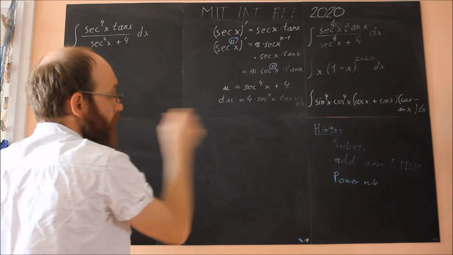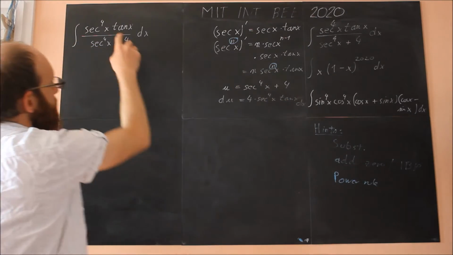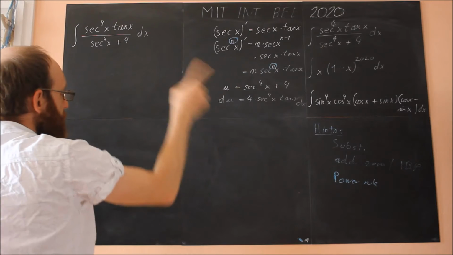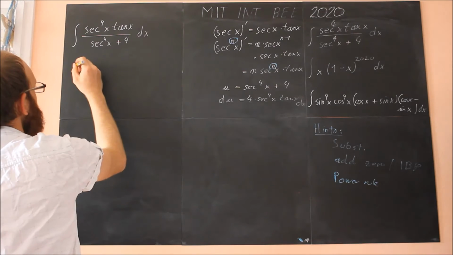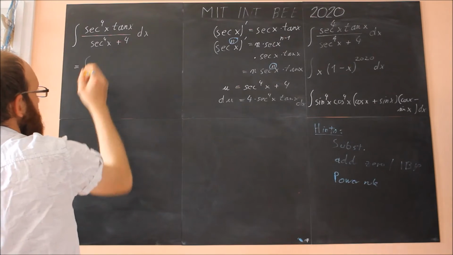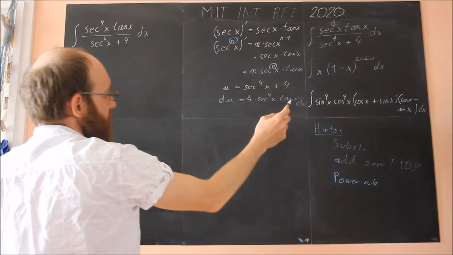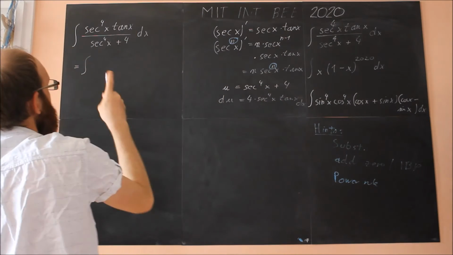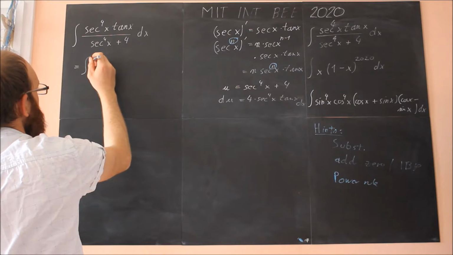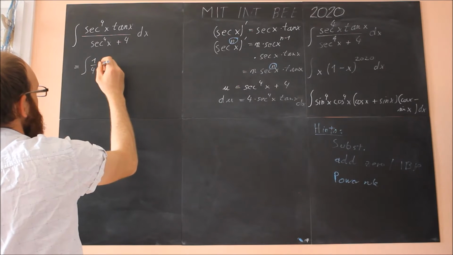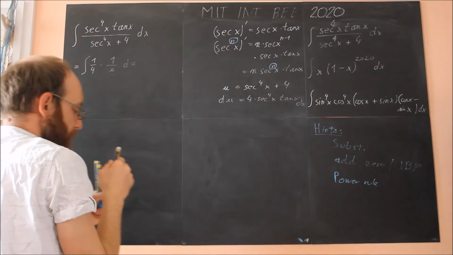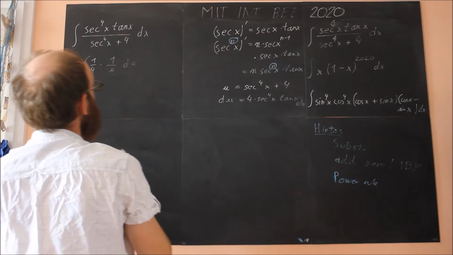And now we see that this part is exactly in the numerator. So you can do this by yourself, and what we get is dx is 1 over this part du, this cancels out, so we are left with 1/4 times 1 over u du, and this integral is easy.